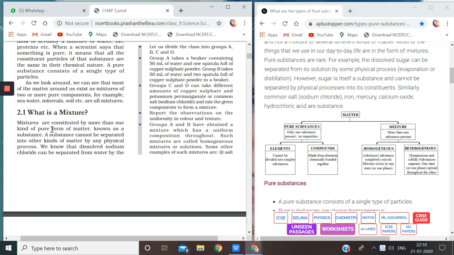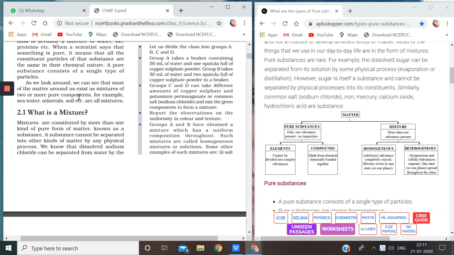Can you tell me why sea water is salty? Yes, it is salty because it is a mixture of water plus many other minerals, and because of the presence of those minerals and soil and rock and stones inside the sea, it is a mixture.